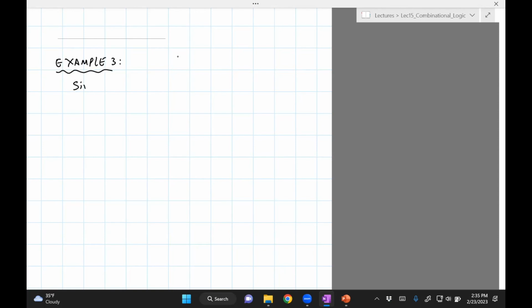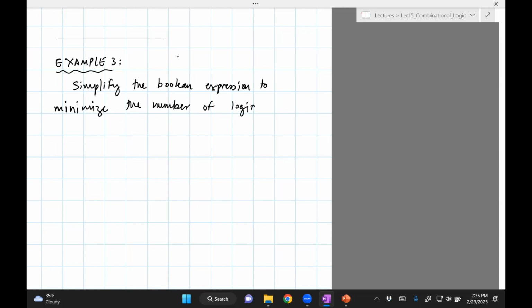Okay, the question is: simplify the Boolean expression to minimize the number of logical expressions.